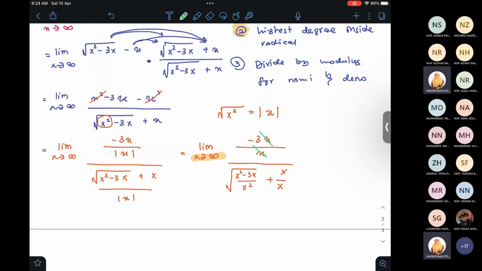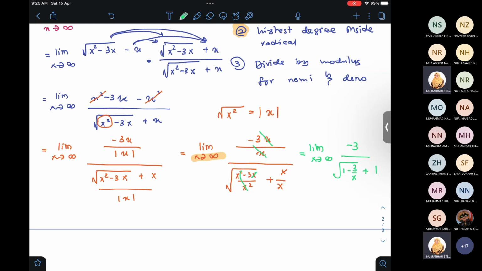This one we can cancel. For the upper part, we just have negative 3. For the bottom part, I get 1 minus 3 over x, and then plus 1.